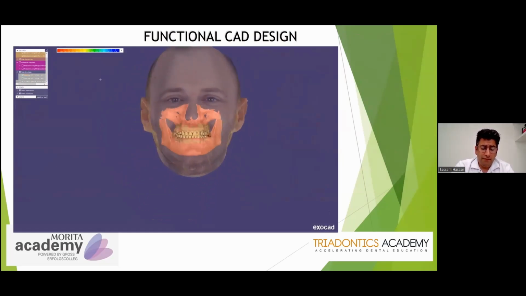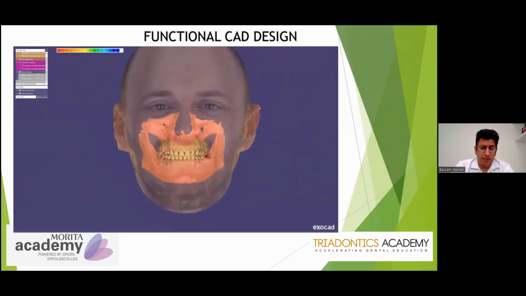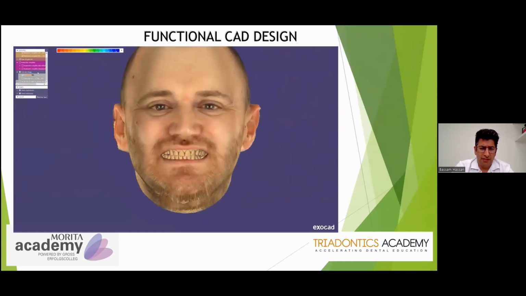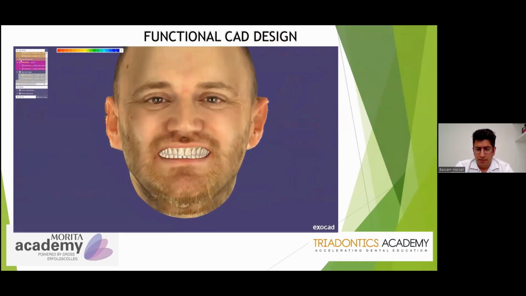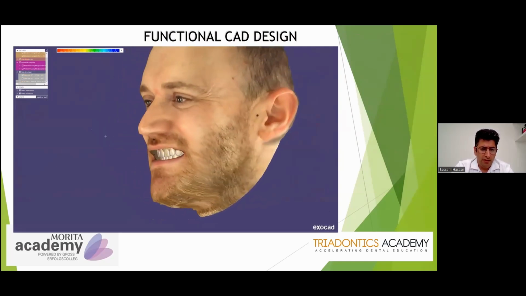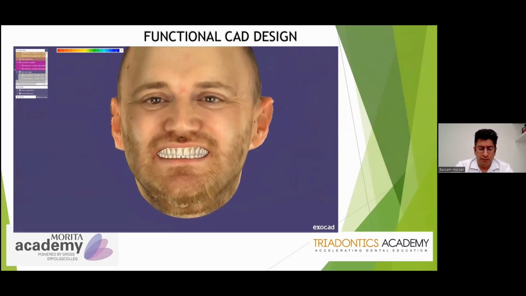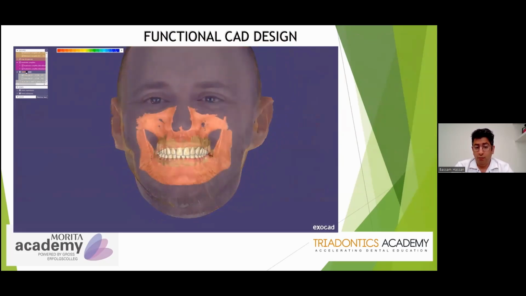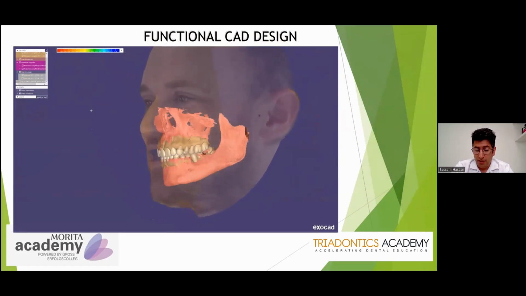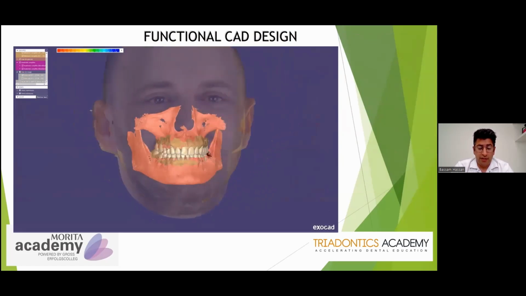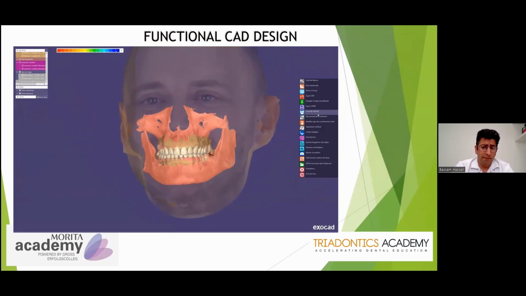But with teeth, things were simple. This case is, I think, 5-6 years ago. We were already able to do a digital smile design, doing a facial scan, combining the facial scan with an intraoral scan, with a cone beam CT scan, and with jaw motion tracking, all at the same time.